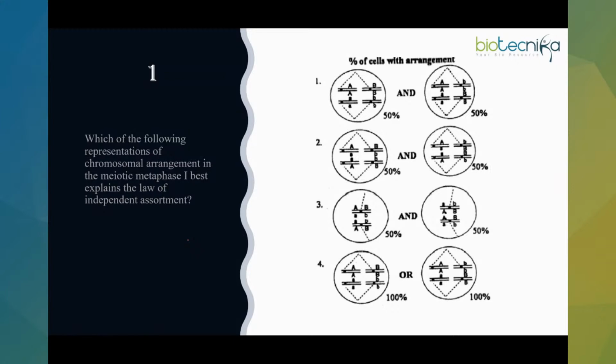All right. So Mendel never encountered linked genes. Okay, he never encountered linkage. So Mendel gave independent assortment because that is what he understood from his experiments when the genes are present in different chromosomes. Okay. So independent assortment is something which is followed by genes on different chromosomes. Okay. So that's why option 3 is not at all possible.